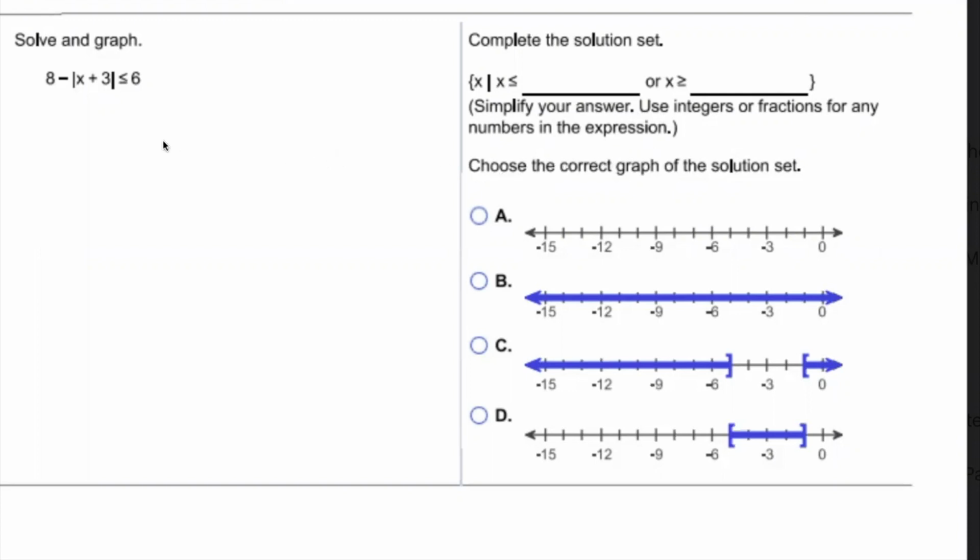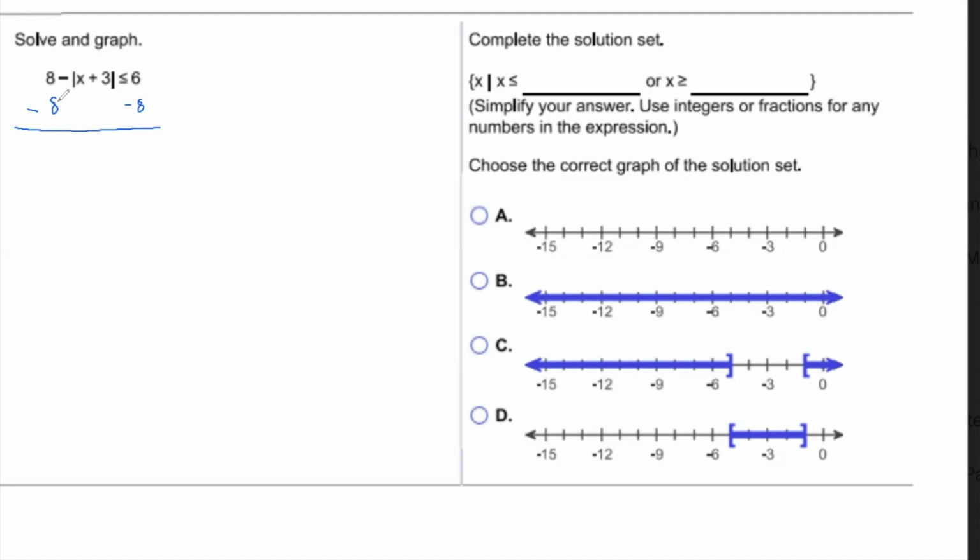So we have a problem here: 8 minus absolute value of x plus 3 is less than or equal to 6. The first thing we have to do is get rid of the 8 from the left-hand side. So we subtract 8 from both sides to do that. Minus 8 here and minus 8 from the right-hand side.